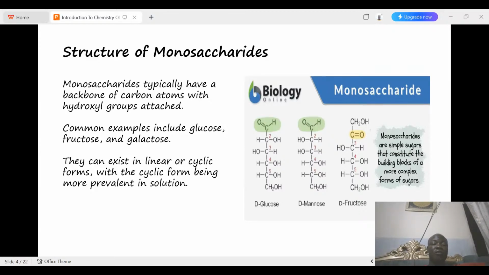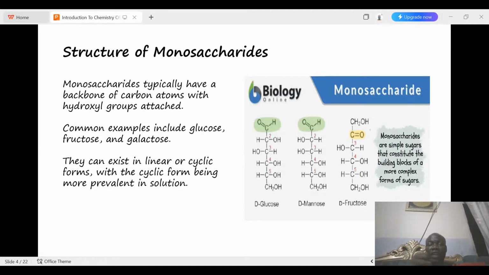So the common examples of monosaccharides, we have glucose, fructose, and galactose. I have made mention of this. Very importantly, these monosaccharides can exist either in a linear form. So the D-glucose here and D-mannose, D-fructose, they are all in a linear form. But importantly, there is also a state where this carbohydrate can exist in a cyclic form, with the cyclic form being more prevalent in solution.